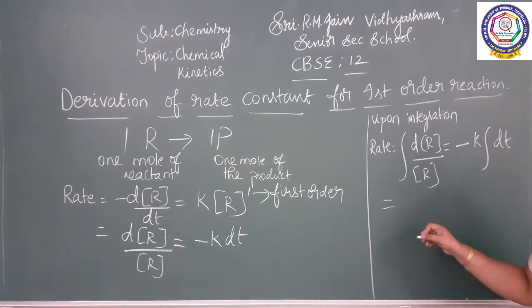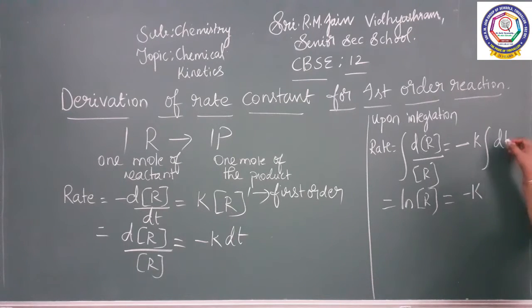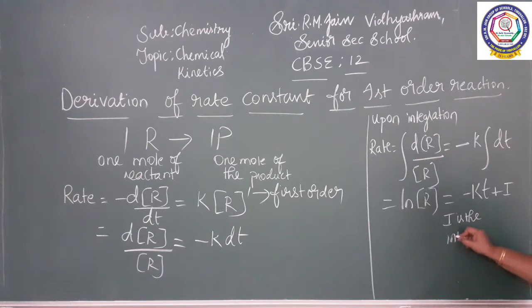Integral dR by R is equal to ln R. What is integral dt? Integral dt is equal to t plus I. What is I? I is the integration constant.